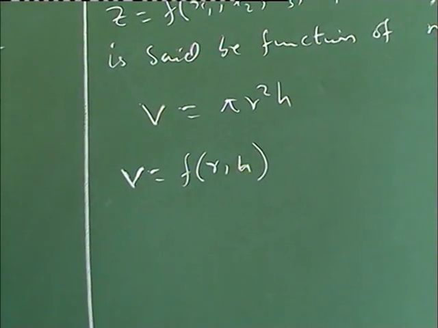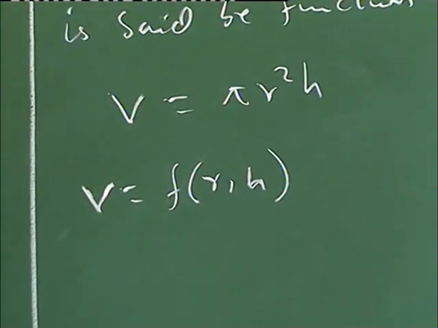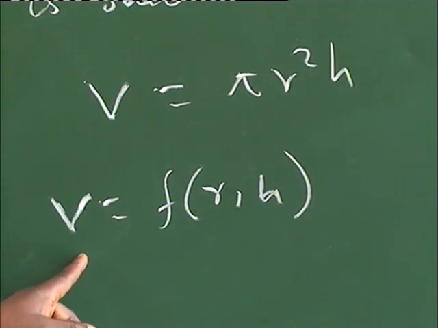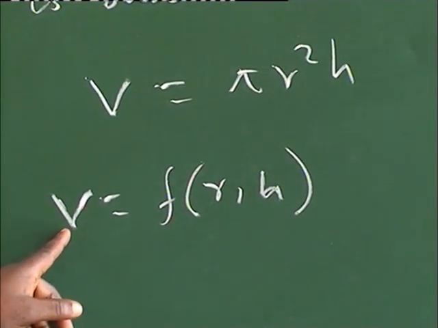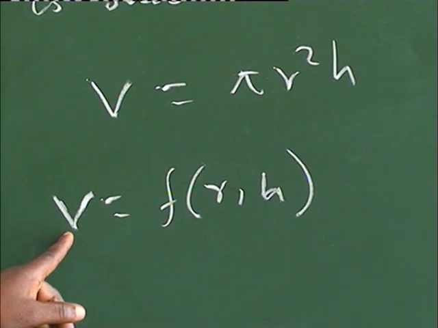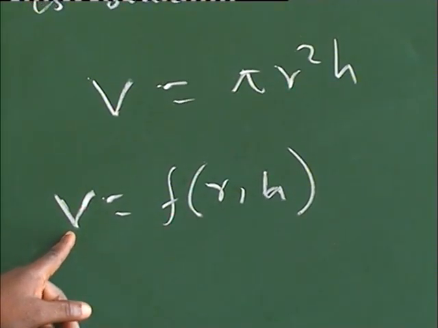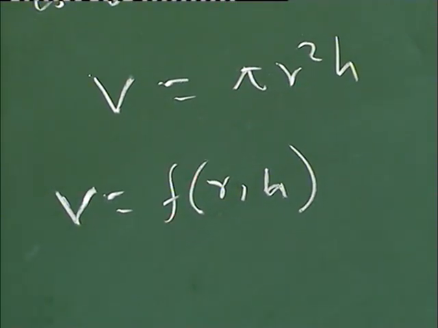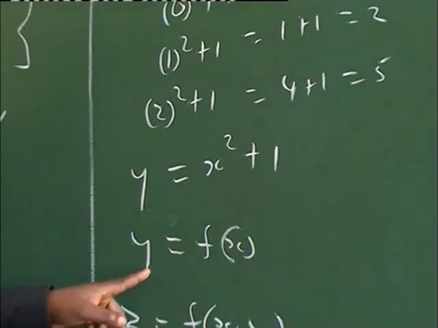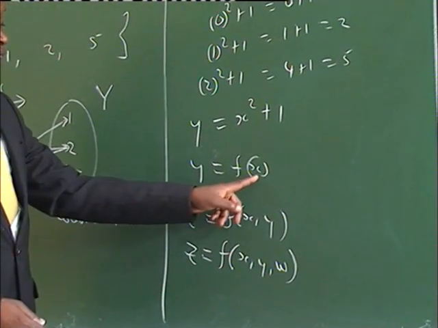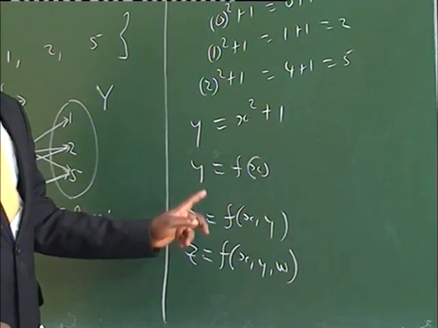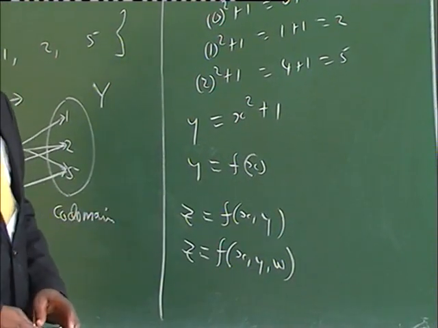Functions of several variables, things that depend on several variables. And so here, V is a function, and it is called the dependent variable, while r and h are independent variables. Just like here, y is the dependent variable, while x is the independent variable. x doesn't depend on y, it's only y that depends on x.